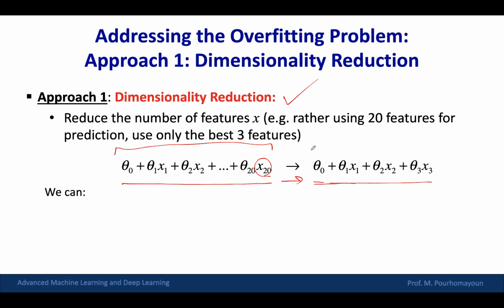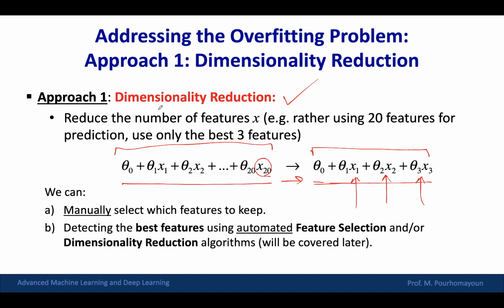Or maybe you can get a very good prediction using only these 3, so you don't need the other 17. But how we can find these 3, or how we can squeeze, or how we can compress the information of all of our 20 features into only 3 features, we will talk about this later in this class.